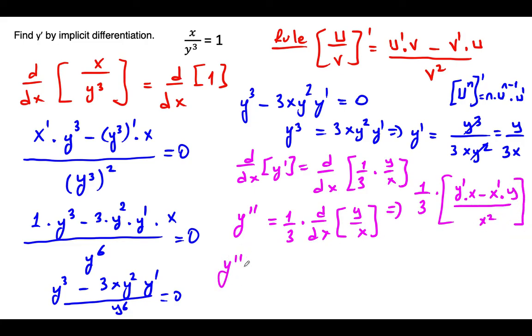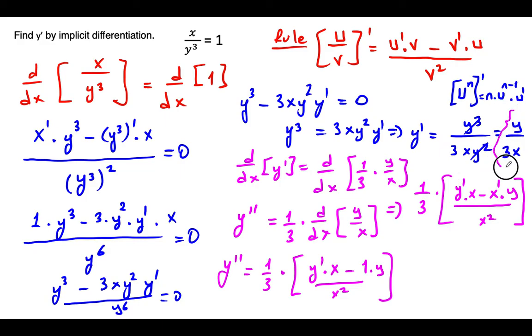So y double prime equals 1/3 times y prime times x minus the derivative of x, which is 1, times y, divided by x squared. And then what can I do? I know that y prime is y over 3x.